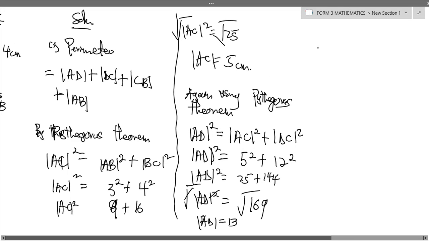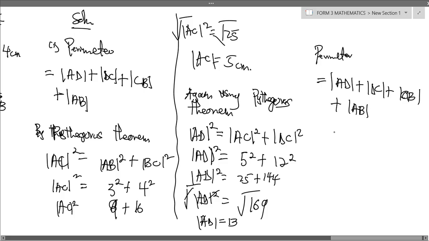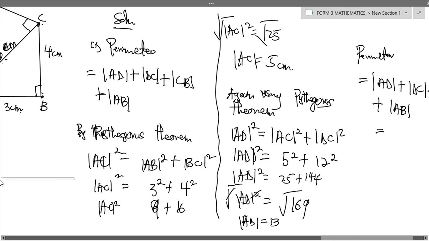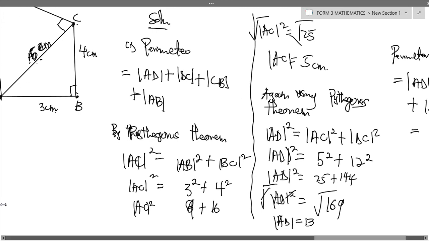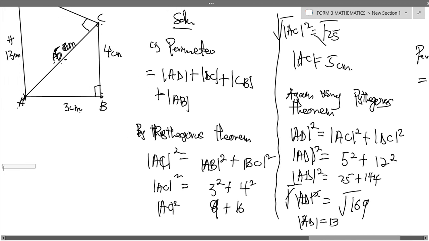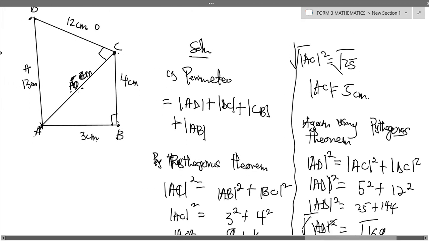So our perimeter is equal to line AD plus line DC plus line CB plus line AB. So now, looking at our diagram, what do we have for AD? AD is 13 centimeters.